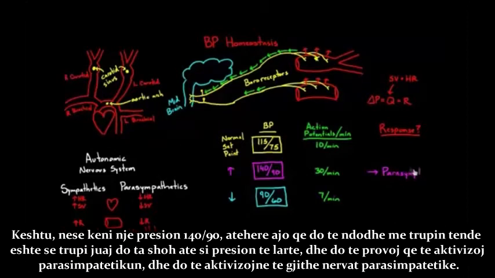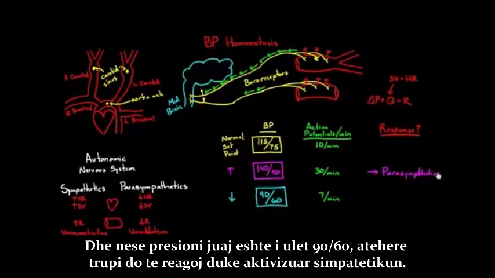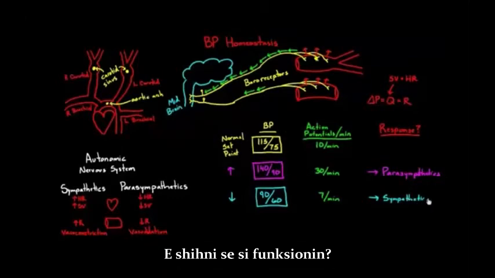We'll activate all the parasympathetic nerves. And if your pressure is low, if it's 90/60, then the body is going to respond by getting all the sympathetics to react. You see how that works?